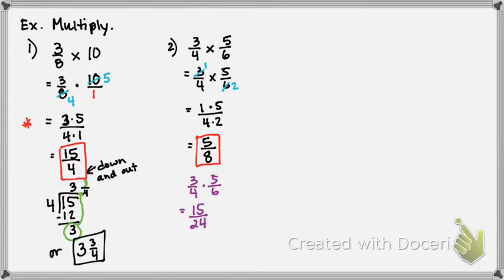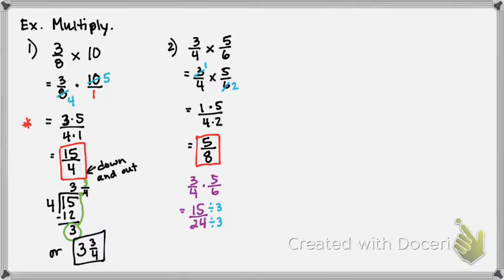Now I've got to figure out what these two have in common. And it's a little bit harder to see that these two have a 3 in common. Because 3s are a little bit stinky. 3s, even though they're an odd number, can go evenly into an even number. How weird is that?